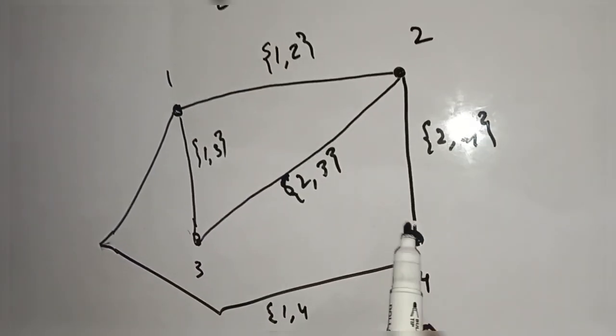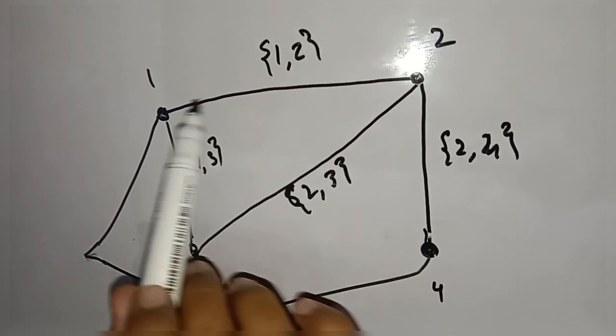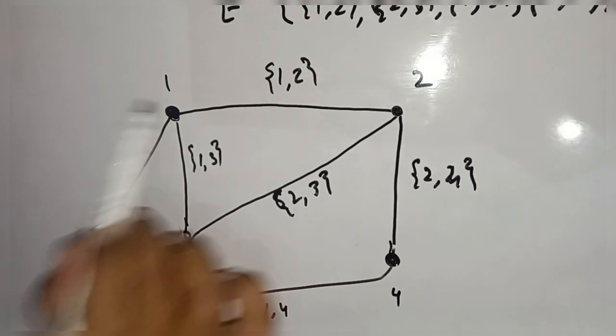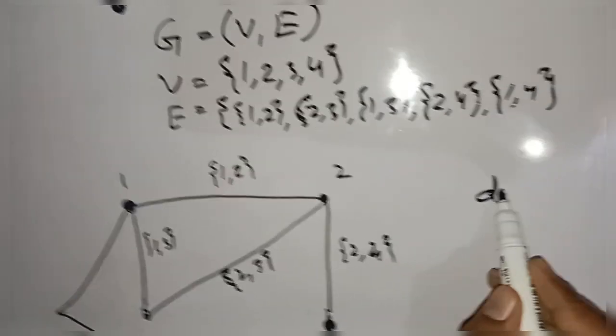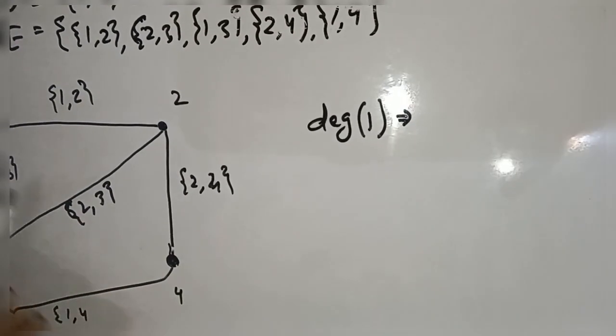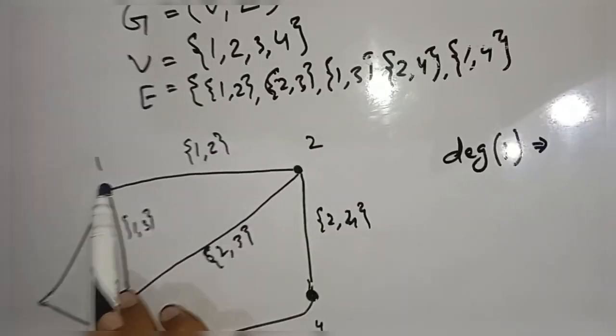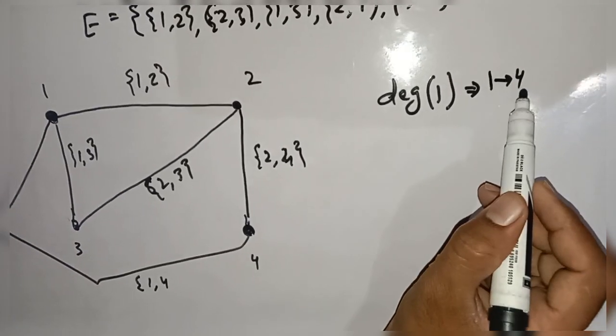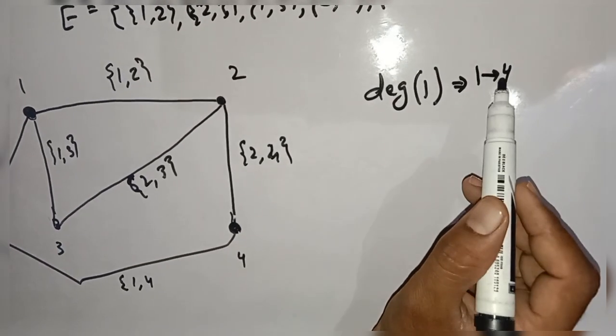If we talk about the degree, it is the number of relations with other nodes. Consider the degree of node 1. Node 1 is related to 4, that is degree 1.